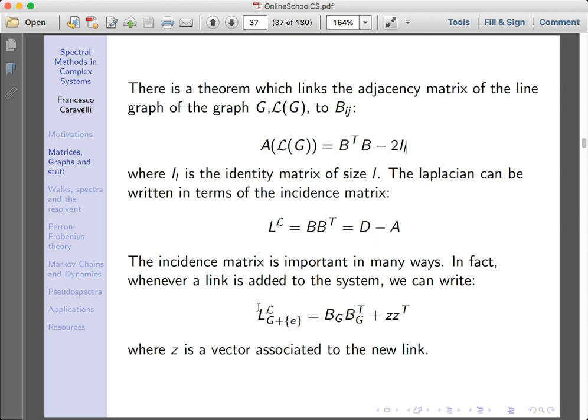Then it's not hard to see that the last equation on this slide is true, which is the Laplacian of the augmented line graph, where we added one edge, is nothing more than the original incidence matrix squared, in exactly the same order, plus one term which is z z transpose, where z is basically a vector, and this is a tensor product. It is a vector where there's a one where the new edge was.